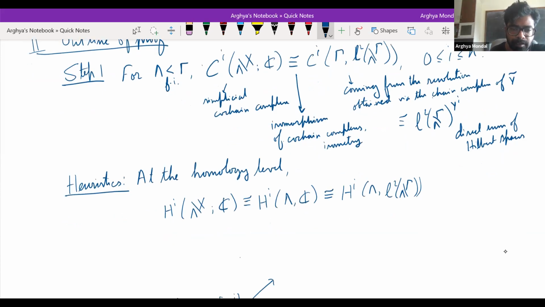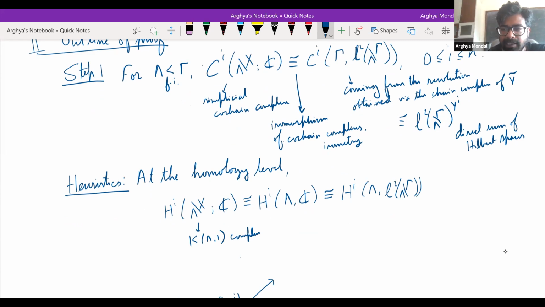But Λ also acts, so therefore Λ will also act properly discontinuously and freely. So X mod Λ is also a K(Λ,1) complex. And therefore the cohomology of that is the same as the group cohomology of Λ with trivial coefficients.